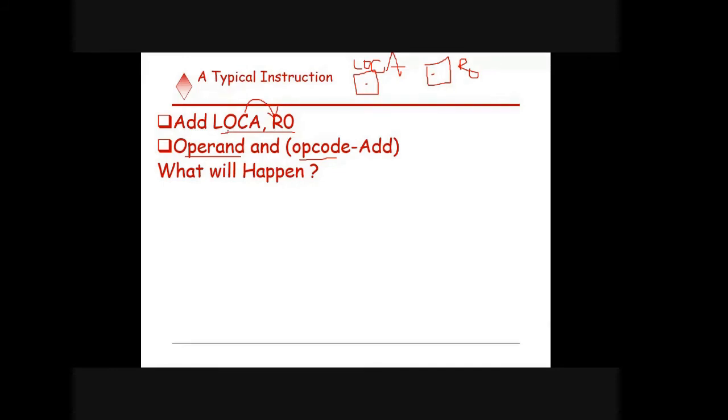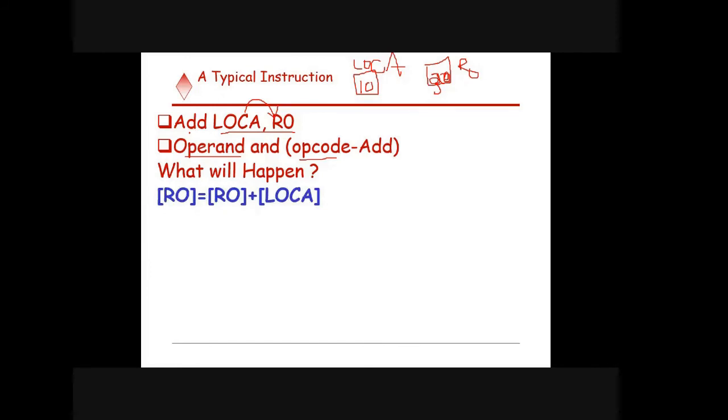Whatever the initial value of location A, assuming it was 10 and R0 was 20, after executing the instruction, location A content will be preserved, it is not changing, but R0 content will change to 20 plus 10, that is 30. So the R0 content will change to 30 and location A content will be preserved, and it is performing the addition operation.